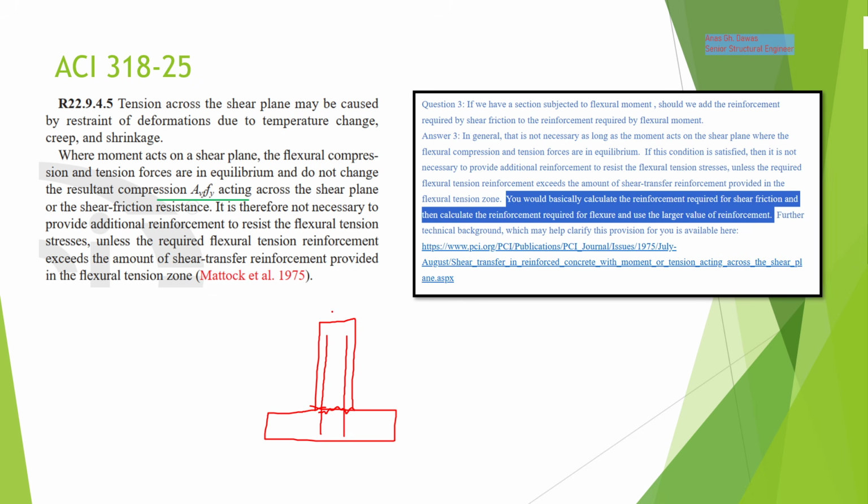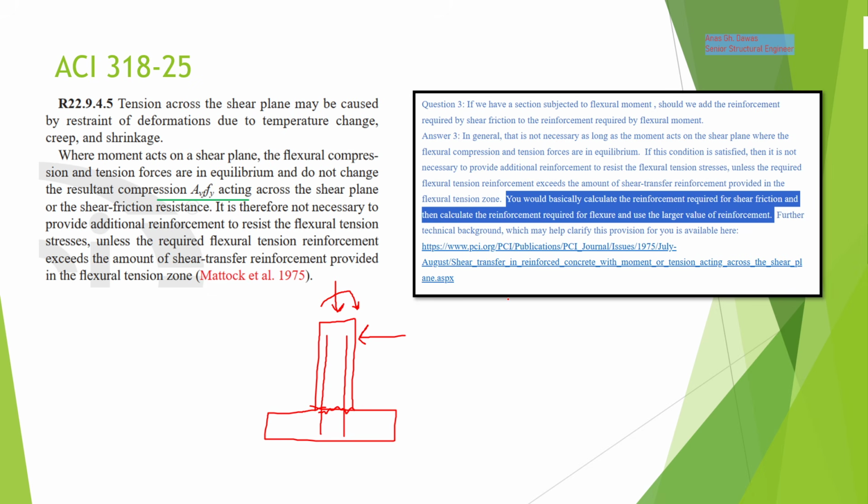For example, we have axial force and moment. We have to calculate the required flexural reinforcement at this connection, and also here we have, for example, lateral load. We have to calculate the shear friction reinforcement.